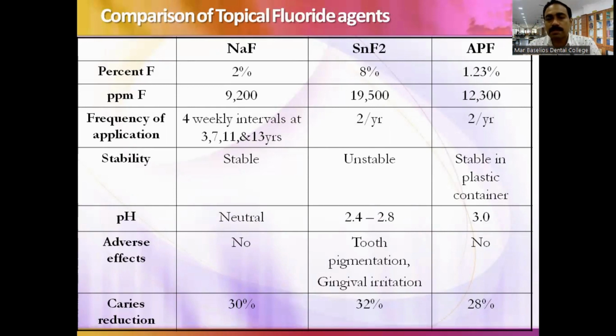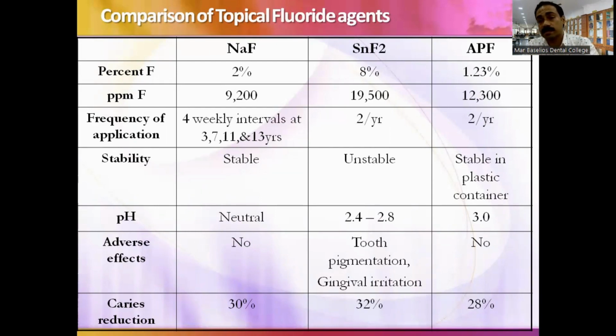As for stability, sodium fluoride is a stable compound, stannous fluoride is very unstable, and APF is stable in a plastic container. pH is neutral for sodium fluoride. For stannous fluoride it is 2.4 to 2.8, and for APF it is 3. If it is a gel, then it comes to 4 to 5. The main adverse effects are for stannous fluoride, because of tooth pigmentation, gingival irritation and so on.